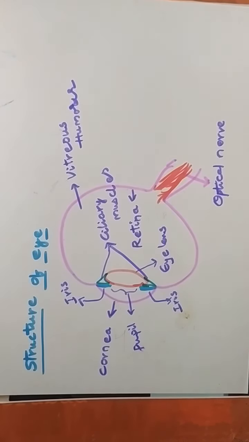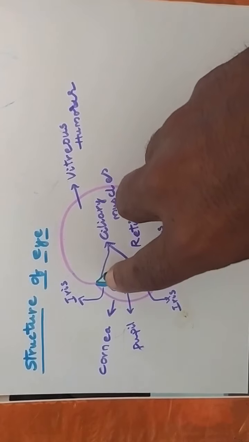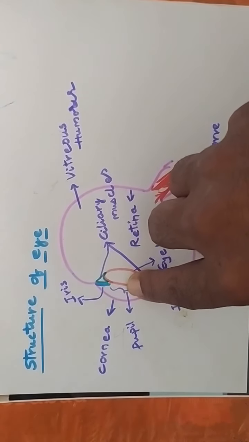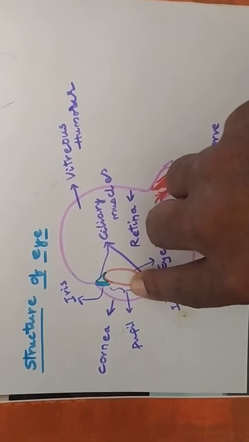Whenever the size of the pupil decreases, the light enters only through the small, reduced gap.